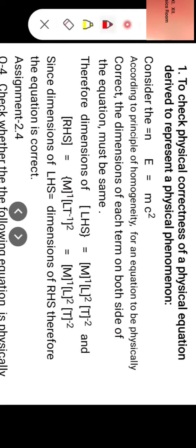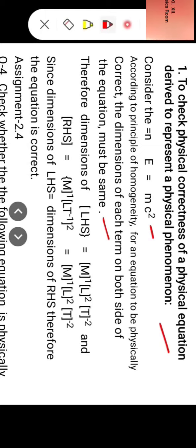Now, number one, to check physical correctness of a physical equation derived to represent a physical phenomenon. Consider the equation E equal to mc square. According to principle of homogeneity, for an equation to be physically correct, the dimensions of each term on both sides of the equation must be same.